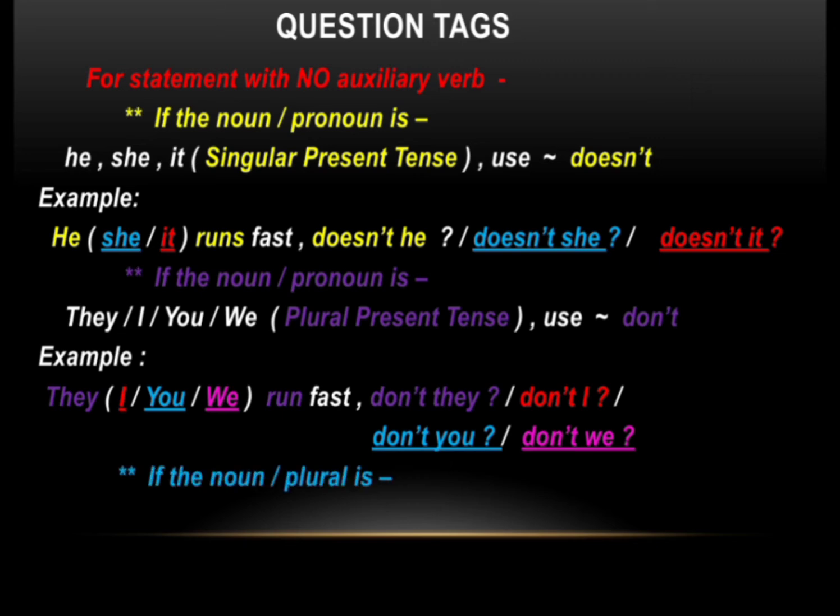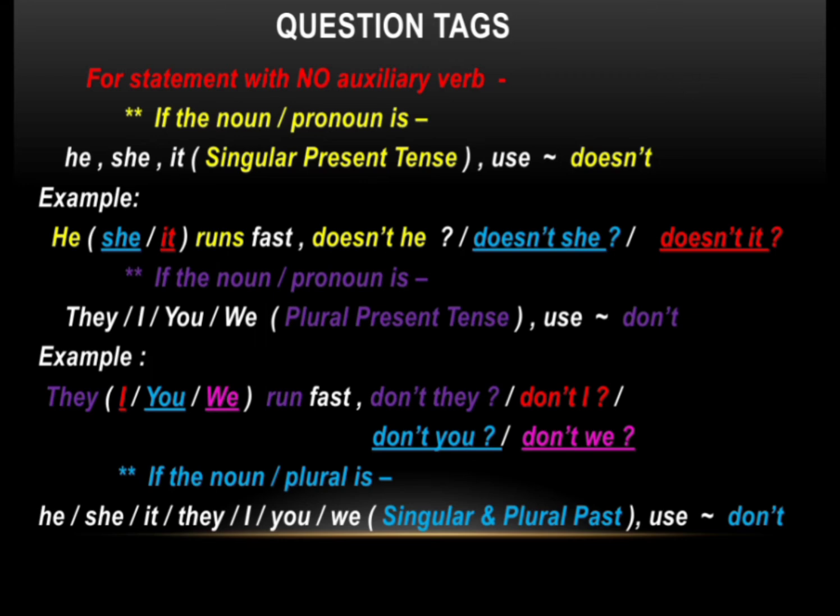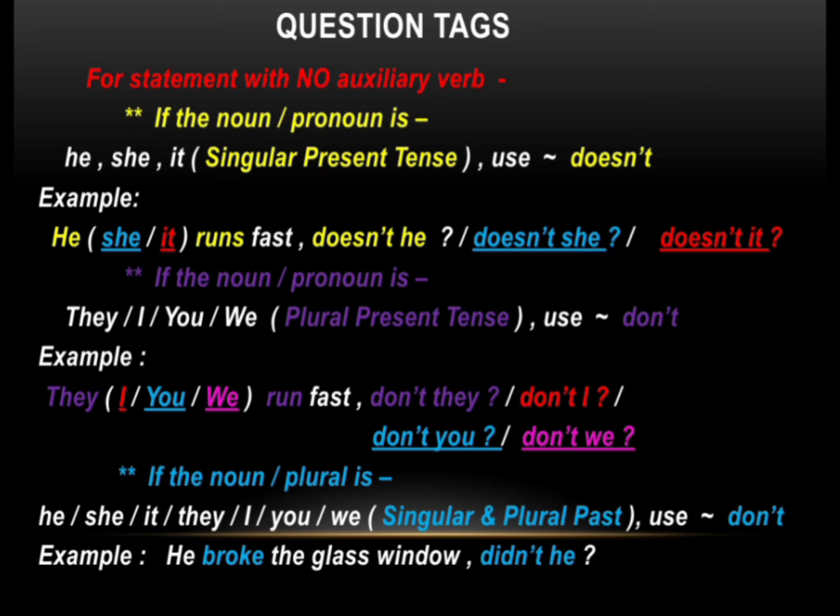If the noun or pronoun is he, she, it, they, I, you, we, that is in singular and plural past tense, we use didn't. Example, he broke the glass window.